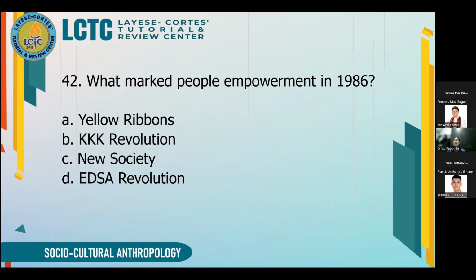It became like a benchmark for other countries, showing that if the whole people of one nation unite, they can really overpower someone in position. So the EDSA revolution empowered people.